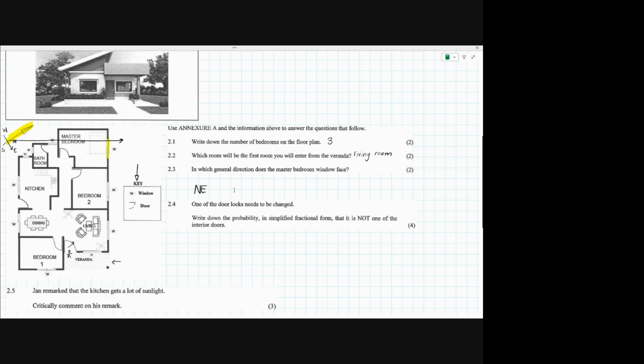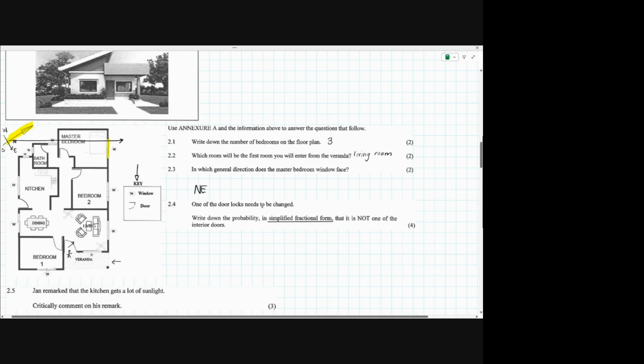Right, 2.4 says one of the door locks needs to be changed. Write down, and this is where probability usually gets thrown in as a random last question to one of our questions, the probability in simplified fractional form that it is not one of the interior doors. Okay, so importantly, they've told us exactly how they want us to write our answer.